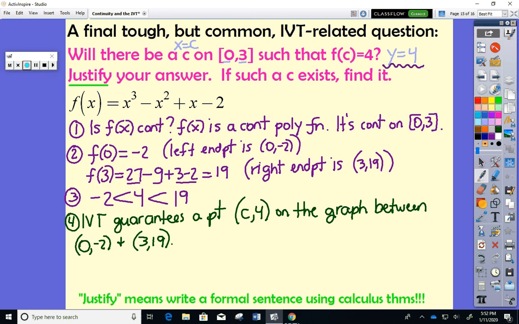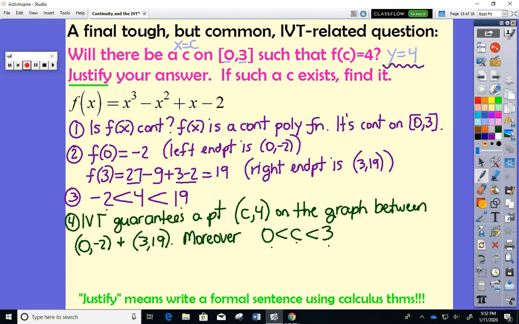So (c, 4) is going to fall on that connecting piece of the graph. And so, moreover, what we're saying is that c is going to be between 0 and 3. Okay? So that's the deal. Since my y value 4 falls between my y values of -2 and 19, then my x value, which I'm calling c, falls between 0 and 3.